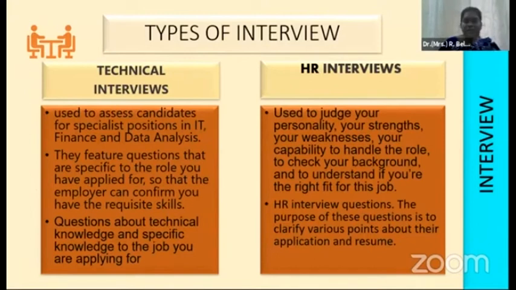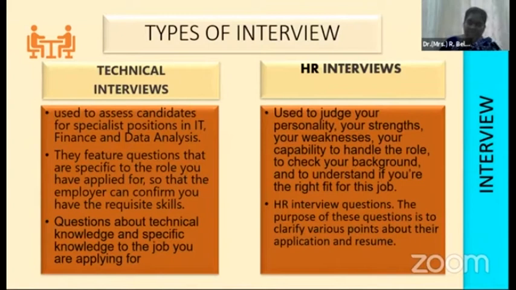Technical interview will be conducted to check your skills. For example, special positions in IT, finance and data analysis. Many students come to take statistics. So when they come, they will definitely ask you statistics related questions. For finance positions, sometimes they will say get a paper and pen, come for the interview.